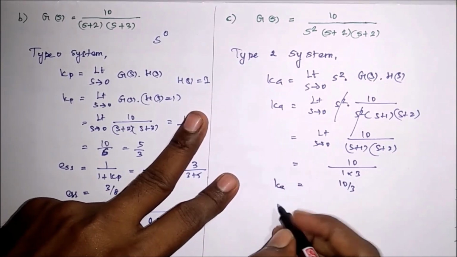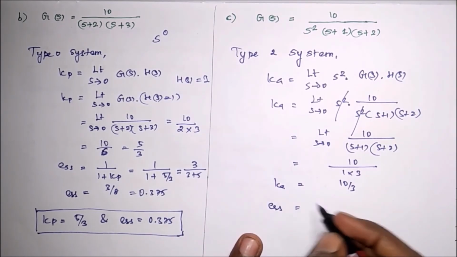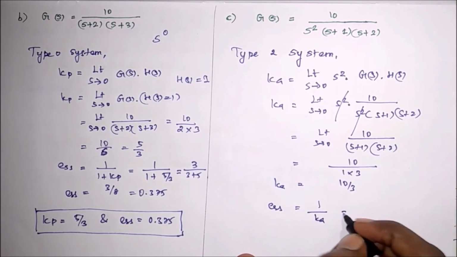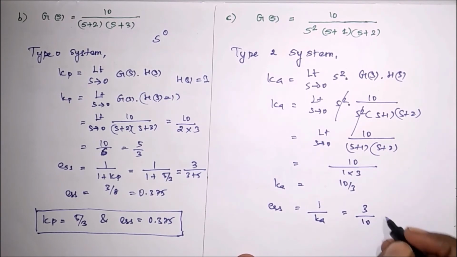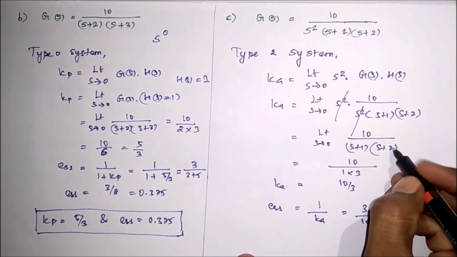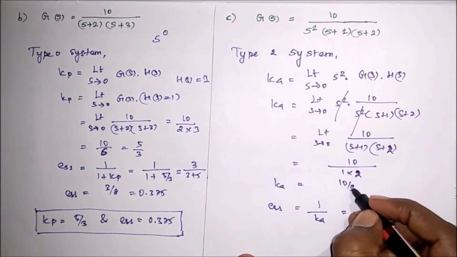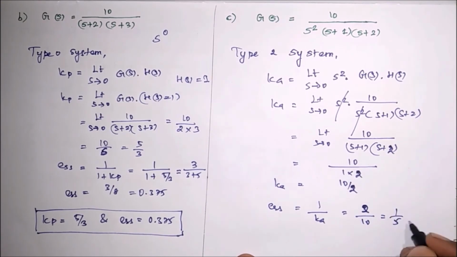So now the Ka value. We know the steady state error for the acceleration error constant is equal to 1 by Ka. So here the Ka value is 5, therefore it will become 1 by 5, which equals 0.2.